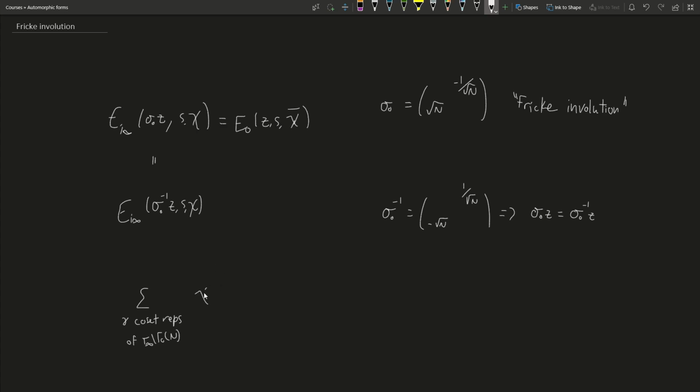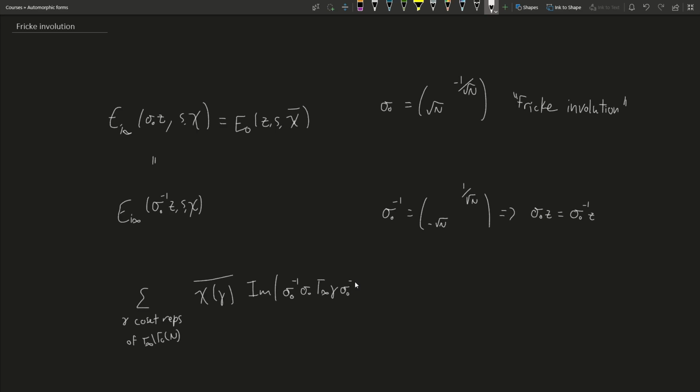And then here we have our chi bar, and then the imaginary part of, and I'm going to insert a sigma naught inverse sigma naught here, and then for the gamma, I'm going to write it as the actual coset, like this.